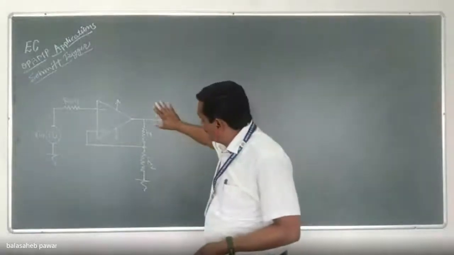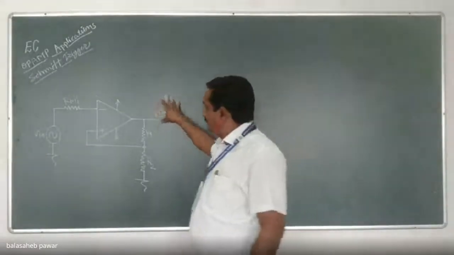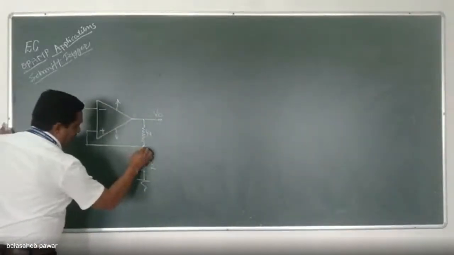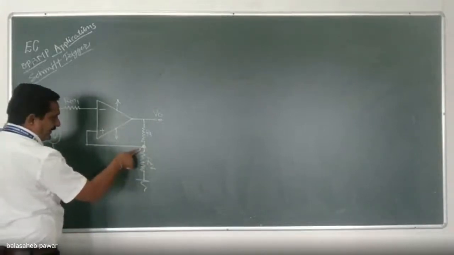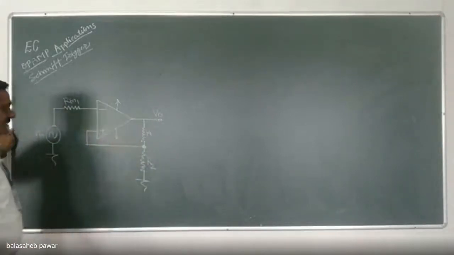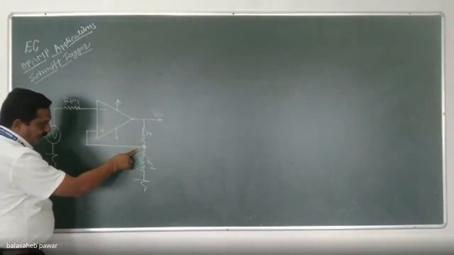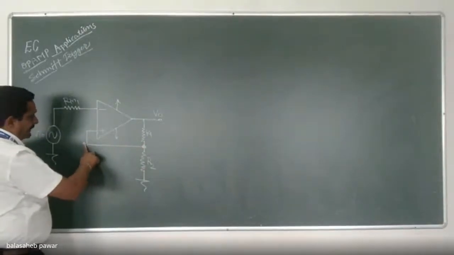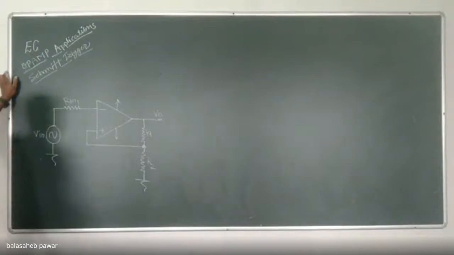Due to that positive output offset voltage, there will be somewhat of a drop across resistor R2. That will be very, very small because that offset voltage is very small, but it will be there right now. So that small voltage drop across R2, that is nothing but this node voltage, is fed back to the non-inverting terminal of this op-amp, right?